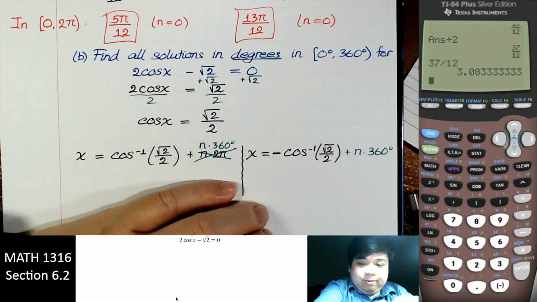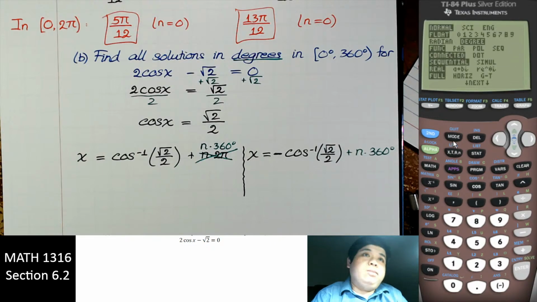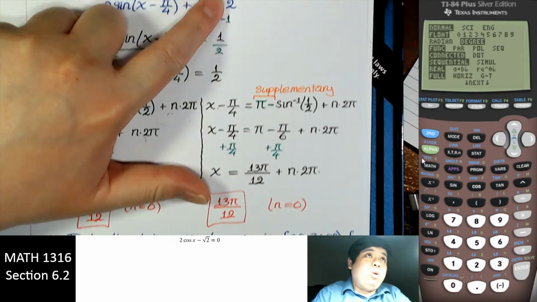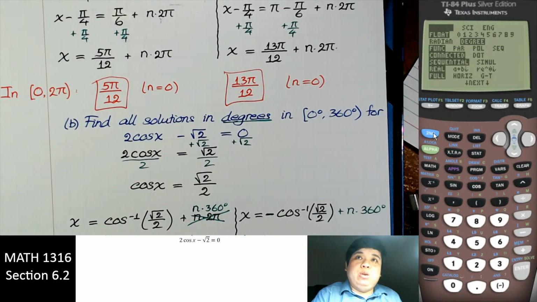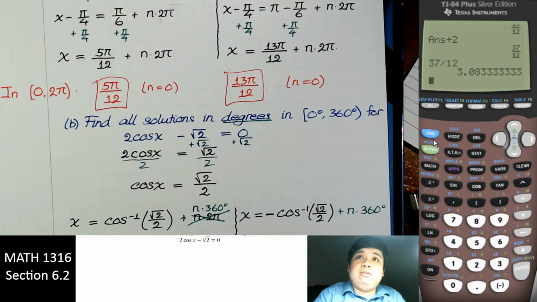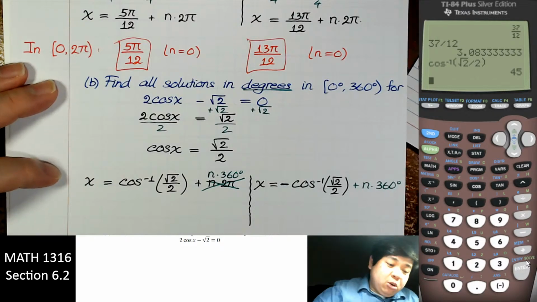Right, and is the calculator in degree mode? Yes. Even if the answer is in radians, I prefer to keep the calculator in degree mode when I do the trig inverse, because when we have the inverse function in degree mode, the answer is a lot better. So we get that solution.